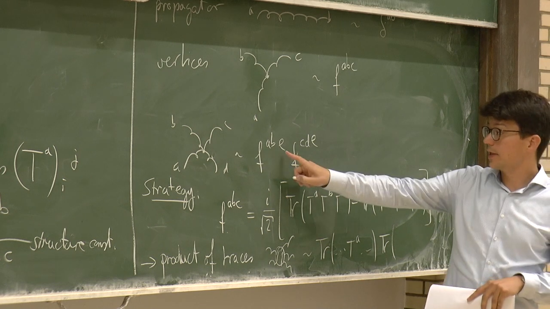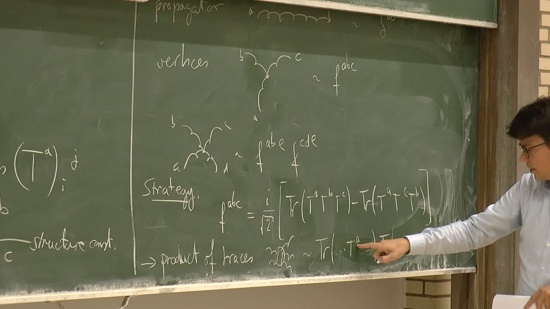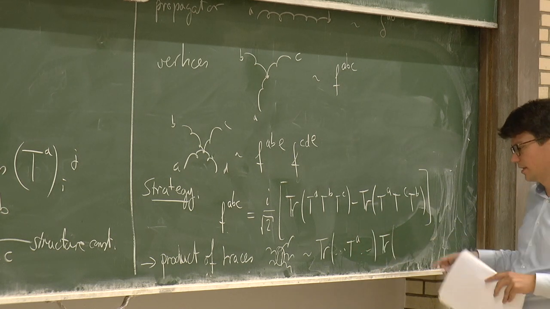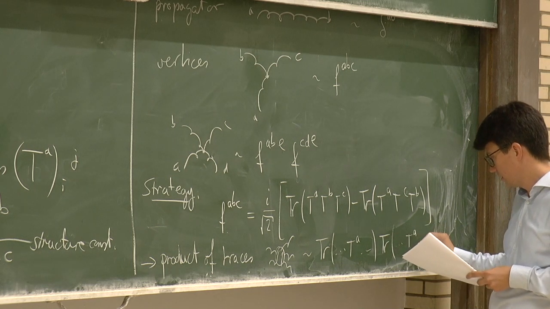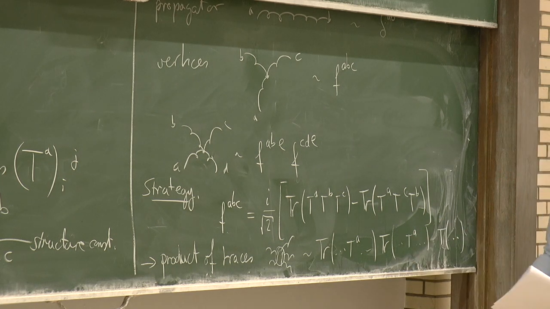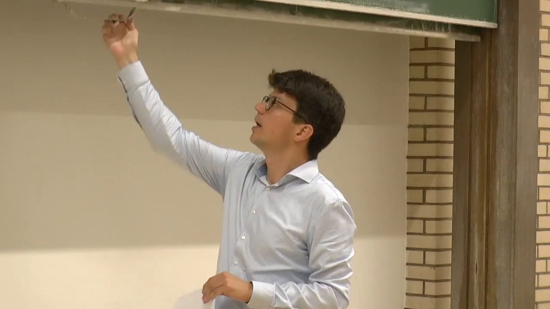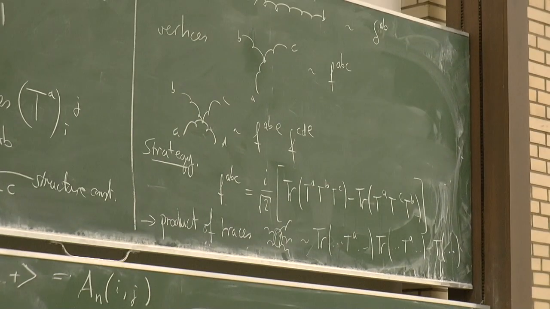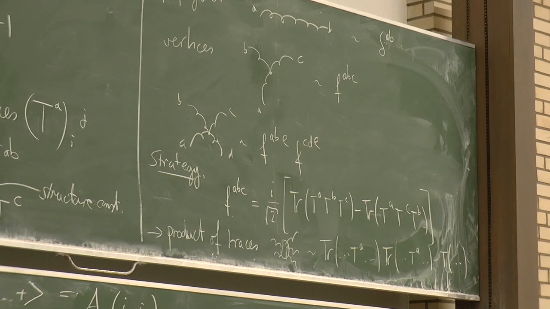But sometimes we can also have contractions like here, and so then this will correspond to indices of the T's here, which can be contracted between different traces. So for instance, something like this, and so on. There can be many such traces.